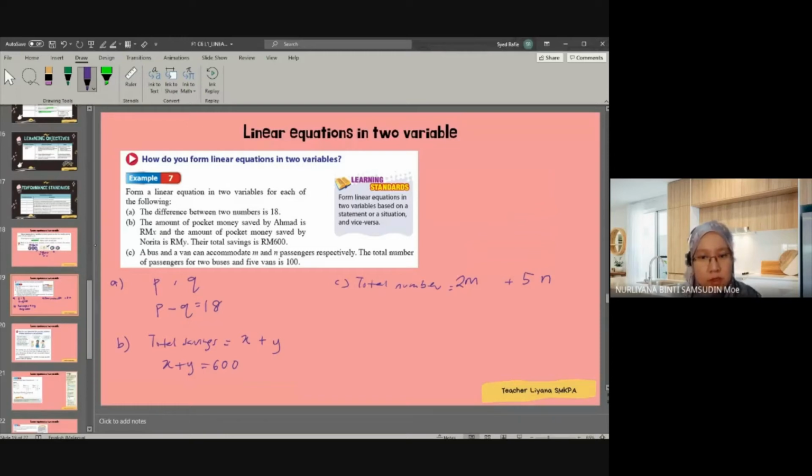So the total number is counted like this: 2M plus 5N equals 100. This is your linear equation in 2 variables that you can create based on the situation given.